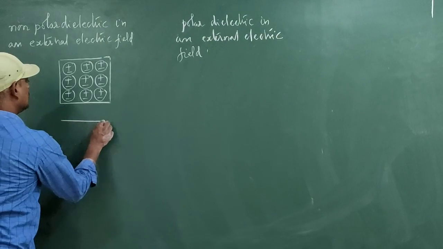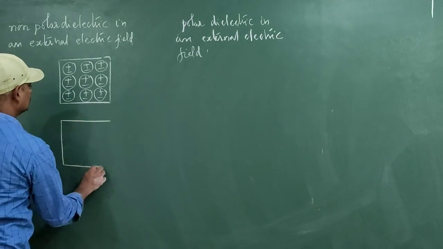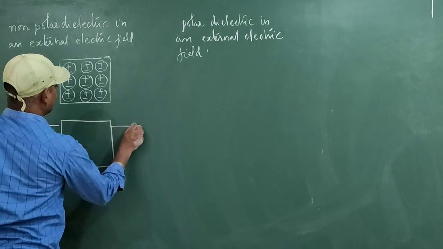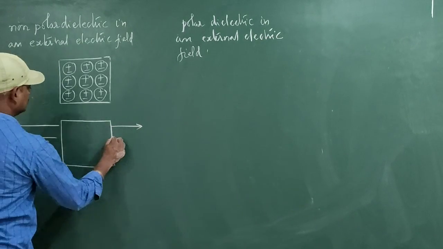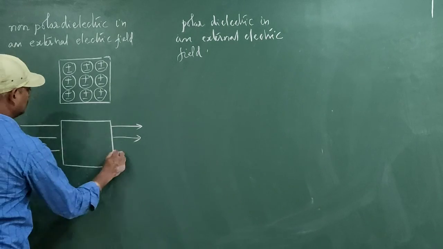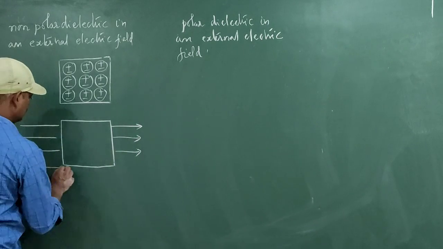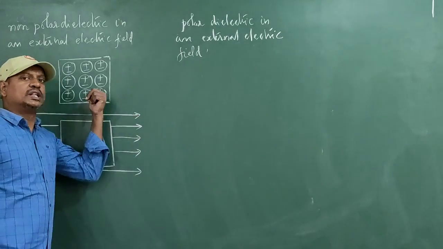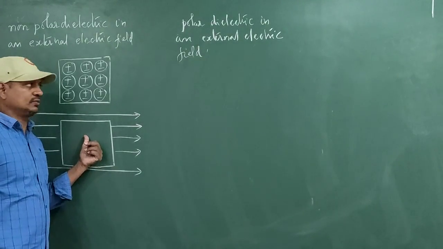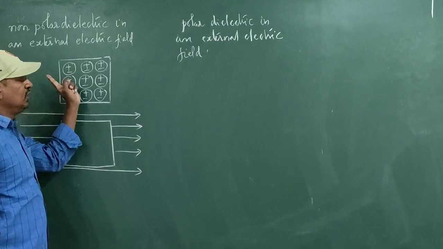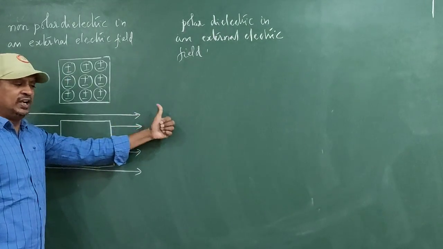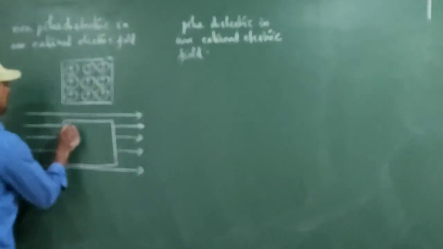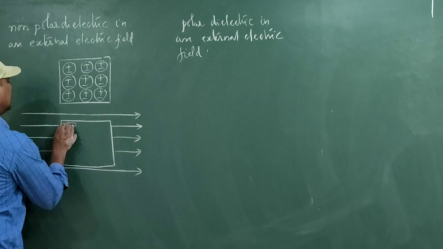Now, if I keep this slab in an external electric field, what happens? These dipoles will be stretched. Positive charges will move along the direction of electric field, and negative charges will move opposite to the direction of electric field. So the dipole is stretched.